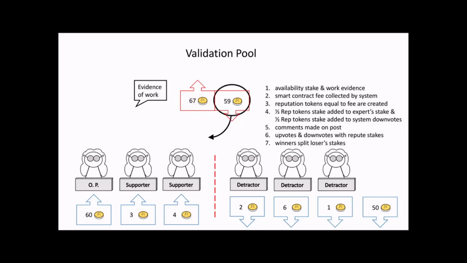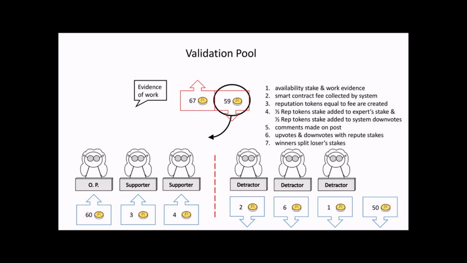And so the winners, in this case, the upvotes, take the loser's stakes, including the 50 that were also newly minted, and they share them proportionally to how they voted to police this. Now, the original poster should get the most of the reward, but if other people have more reputation, they should put all their money in.